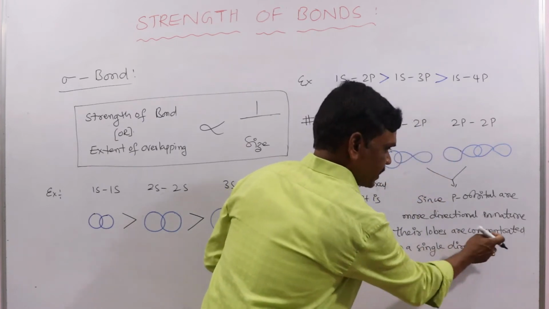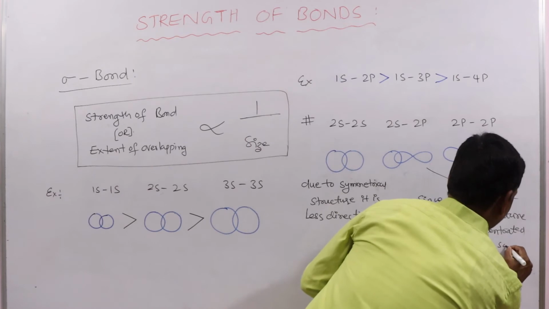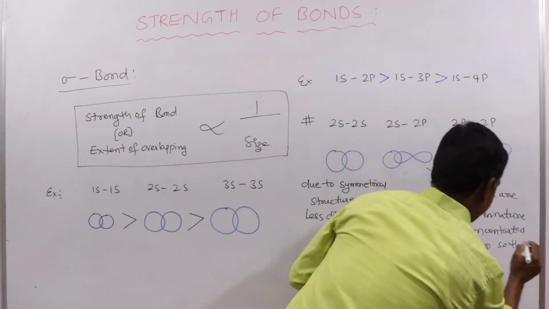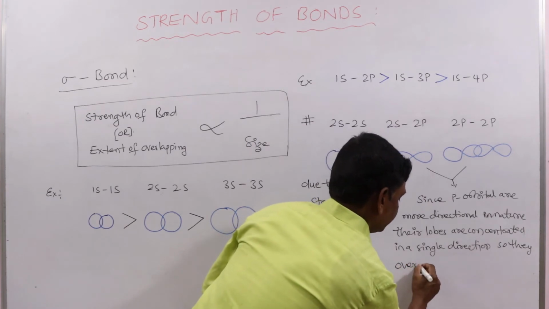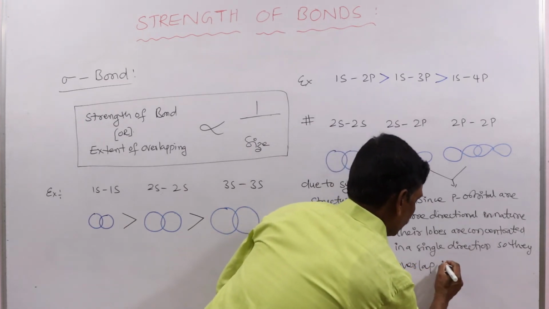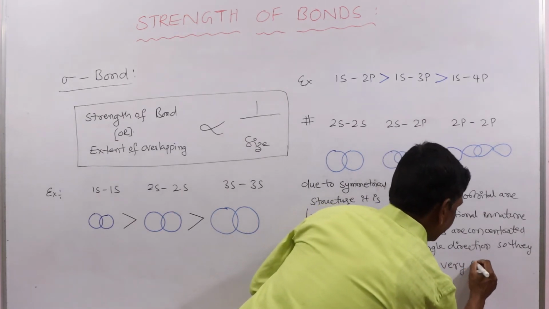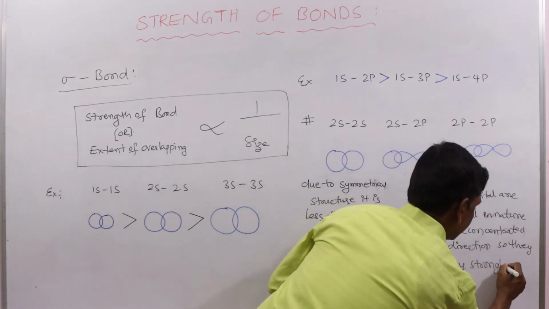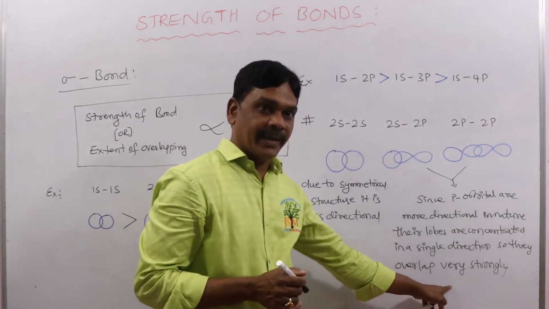Okay, their lobes are concentrated in a single direction. So they overlap very strongly.